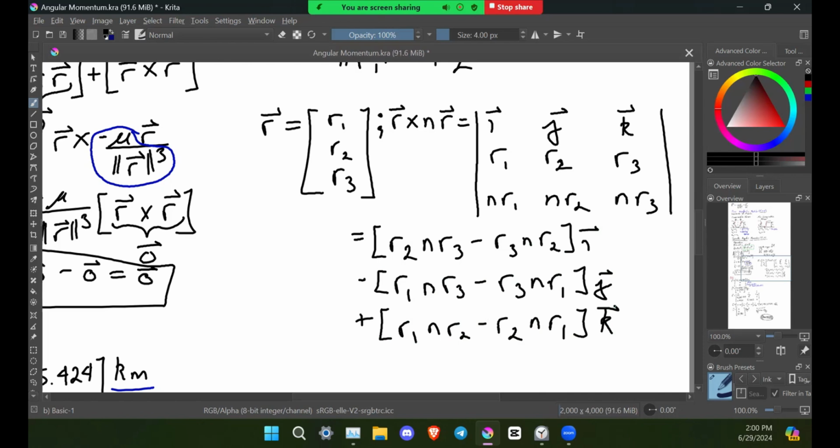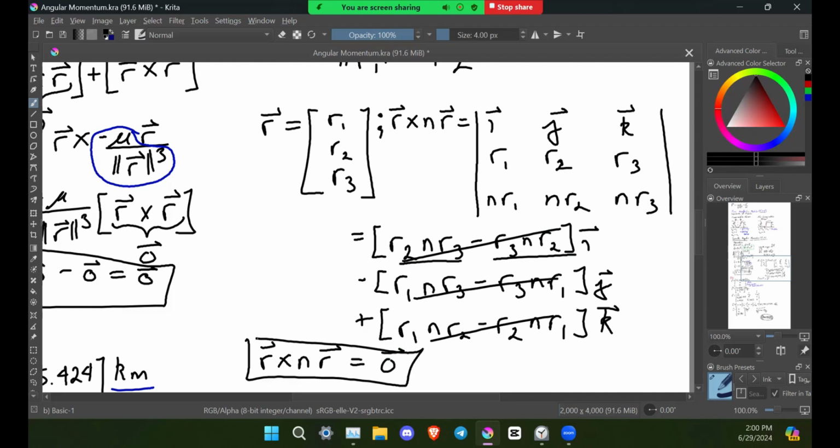And because these can be multiplied in any particular order, and r2, r3, and r2, r3, well, these can be canceled out. They negate each other, as does this, as does this. Therefore, we'll always get a 0 vector.